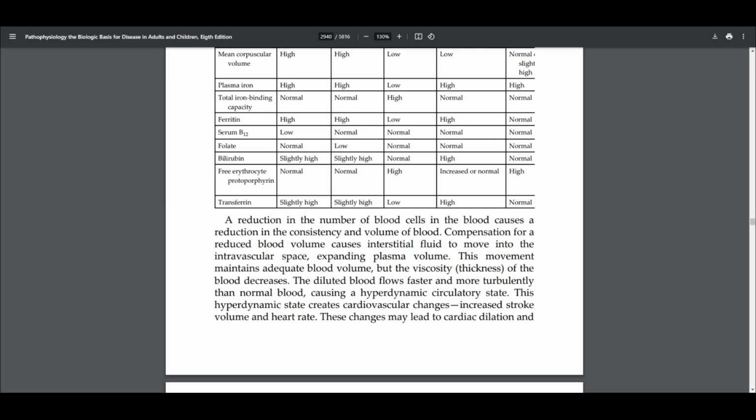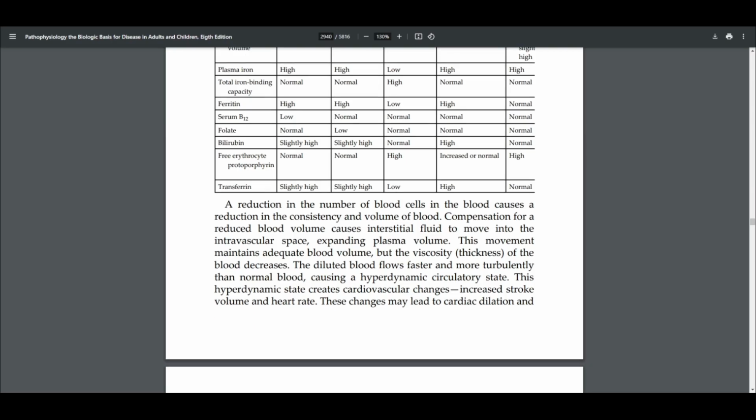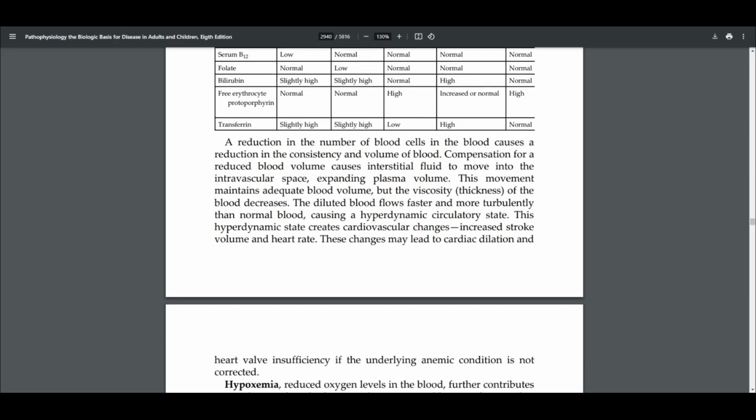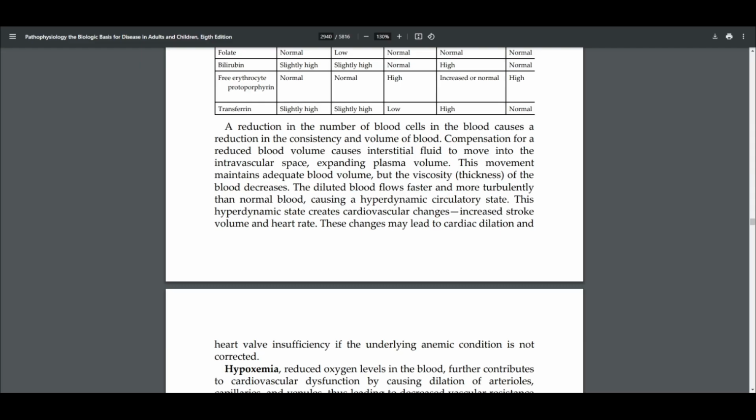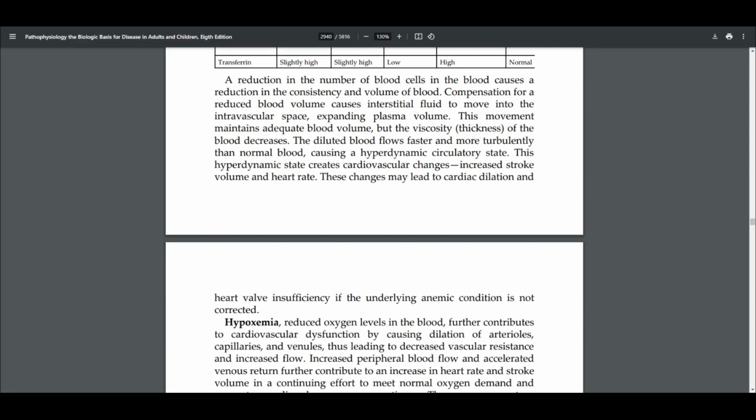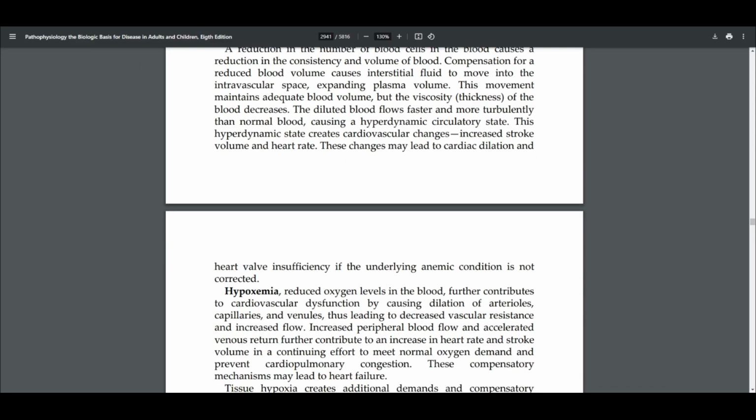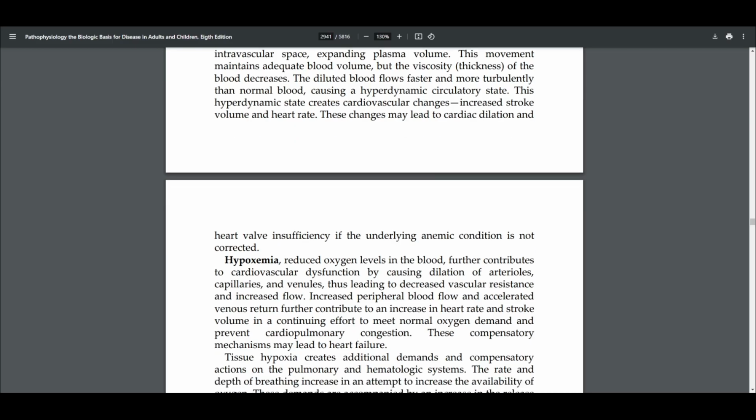The diluted blood flows faster and more turbulently than normal blood, causing a hyperdynamic circulatory state. This kind of hyperdynamic state creates cardiovascular changes, increased stroke volume, and increased heart rates. These changes may lead to cardiac dilation and heart valve insufficiency if the underlying anemic condition is not corrected.